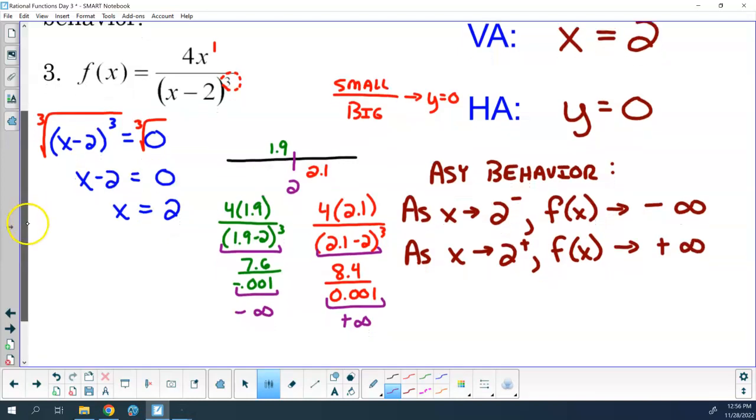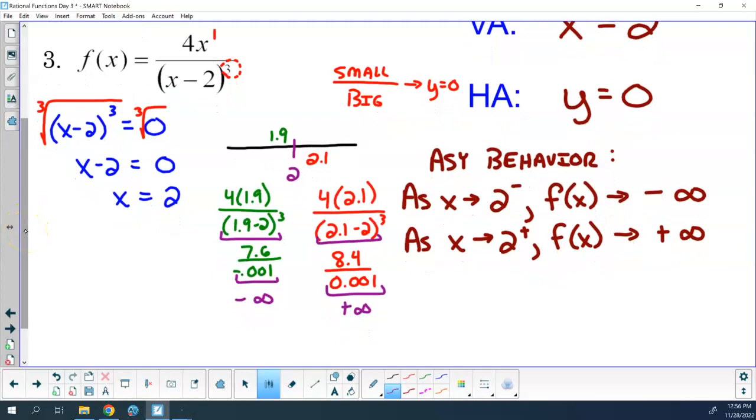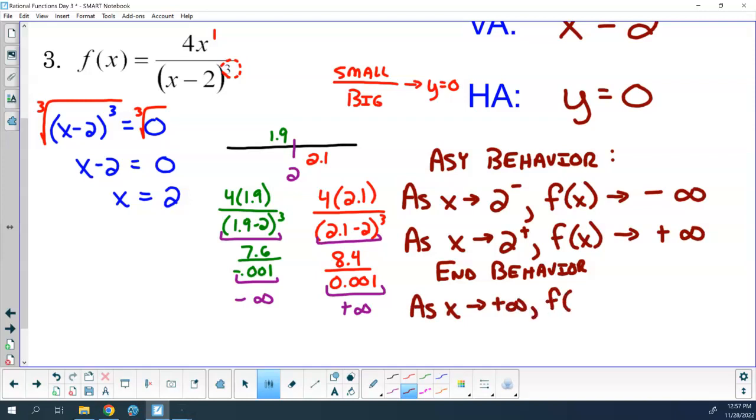Then one last thing is end behavior now. And the nice thing about end behavior is we can say as x goes to positive infinity, my function is going to go to the value in the horizontal asymptote, whatever that digit is.